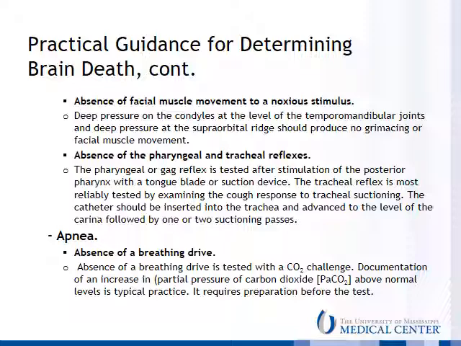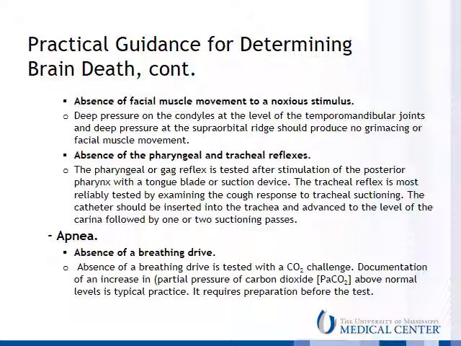And then there's apnea testing. Apnea tends to be the last thing we test. We've established that they have no underlying cause that is causing them to be comatose, like drugs or temperature or blood pressure or electrolyte abnormality.